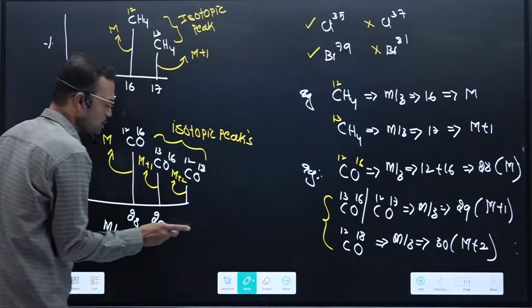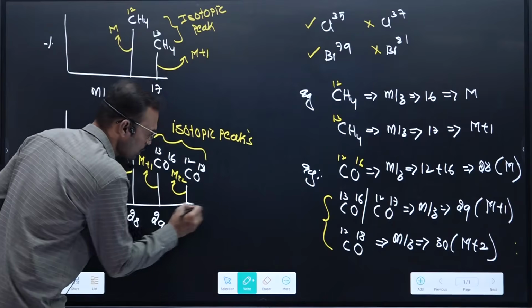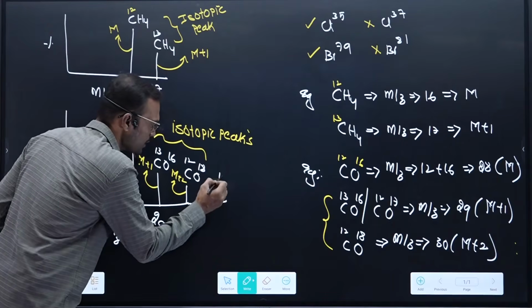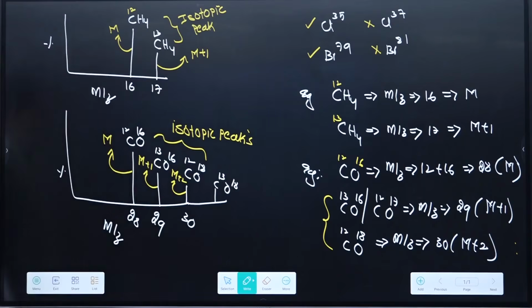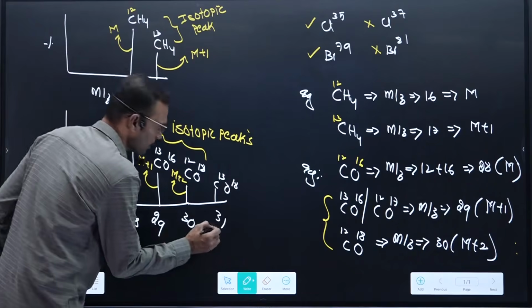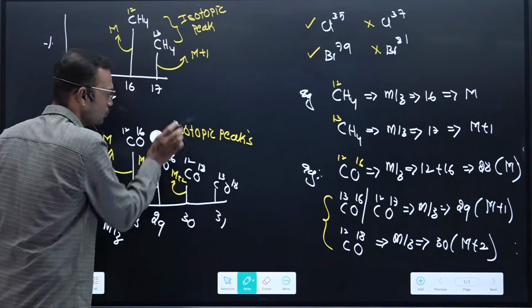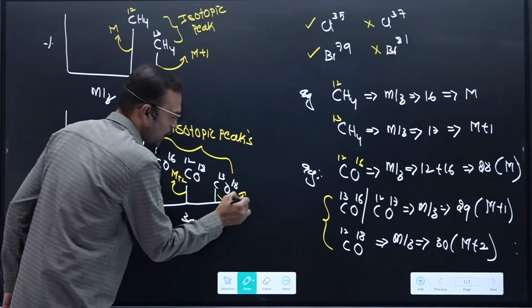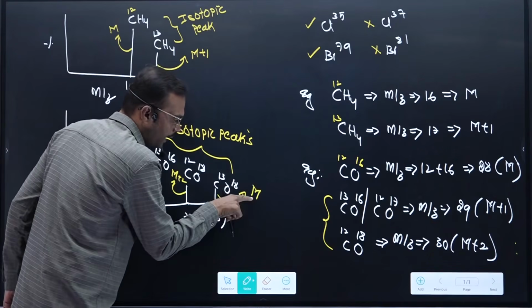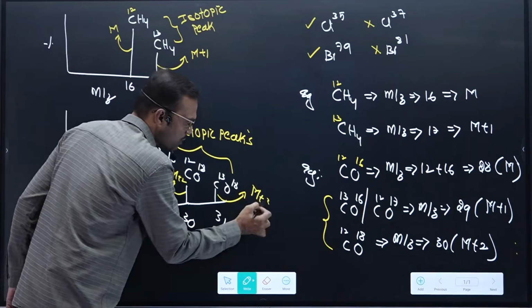See, one more peak I can also write. This is 30, or not? Suppose I write C13 O18, how much? 31, or not? Here the M/Z value is 31. Even this belongs to an isotopic peak. Now, how to represent isotopic peaks? An isotopic peak is the lighter atom M/Z value plus the difference.